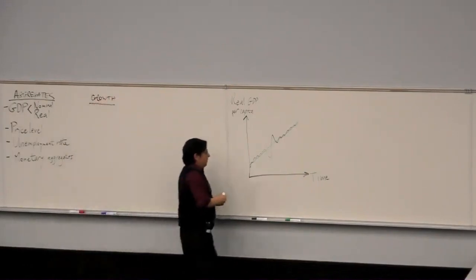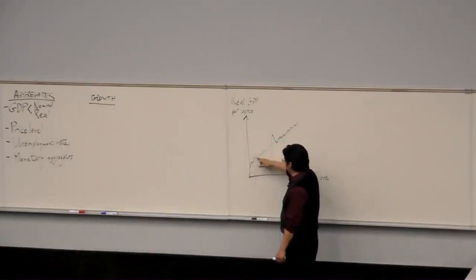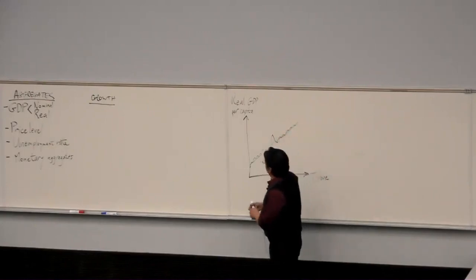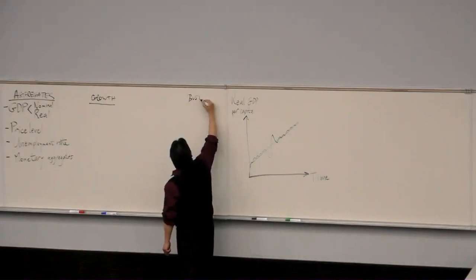But around that sort of long-run trend, which is represented by the green line, you see that the economy is sometimes growing a bit faster, sometimes a bit slower, sometimes much slower, sometimes much faster. And so these movements around that trend, we think of as what we call the business cycle.